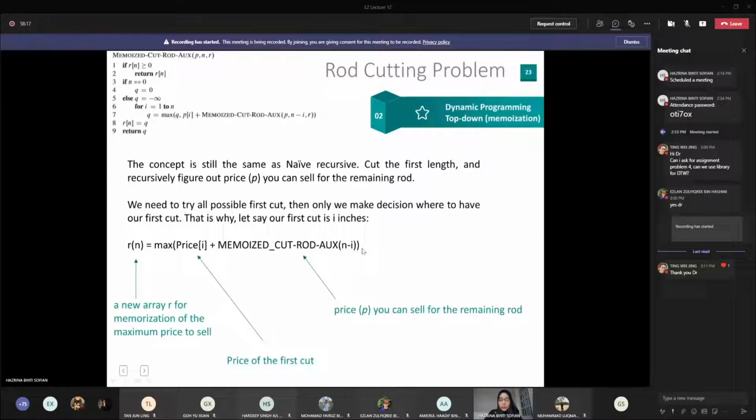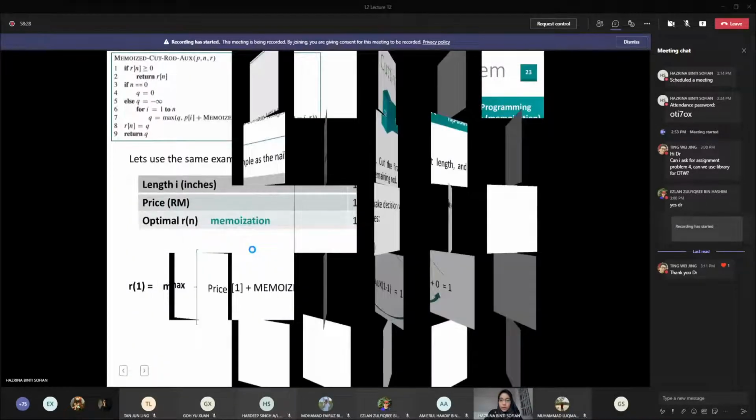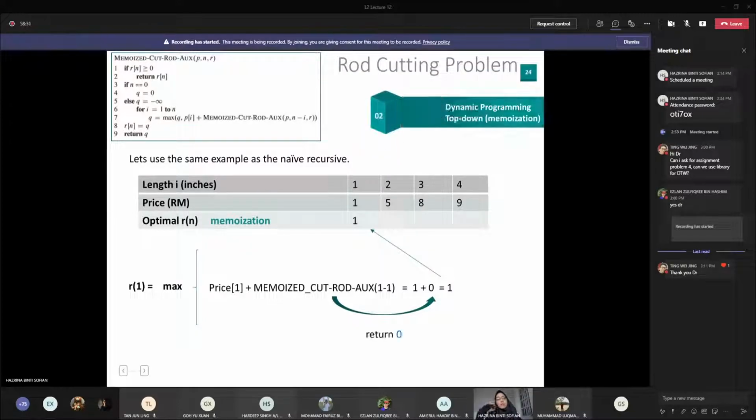This one are all the same lines as the naive. In order to understand how it works, we straight away go to the example.